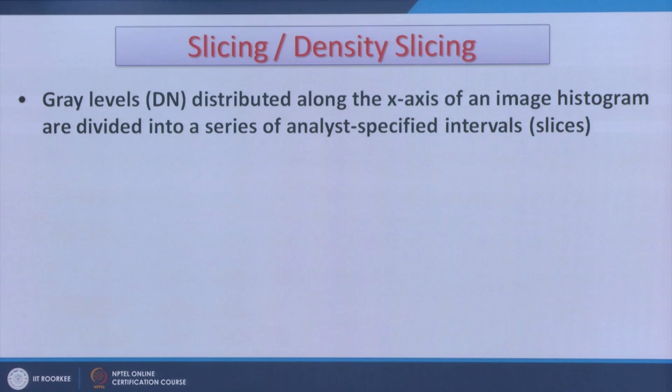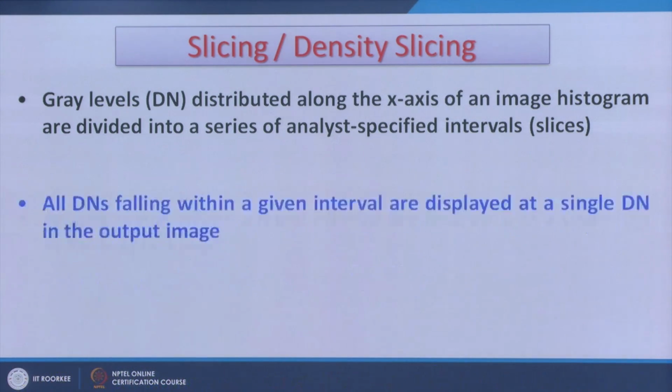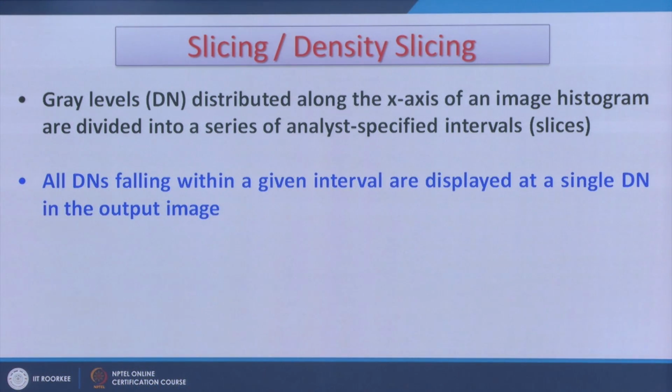It is something like having a loaf of bread. You want to classify it into slices of equal thickness, or, depending on the distribution, the histogram frequency, make slices of different thickness as per the requirement.